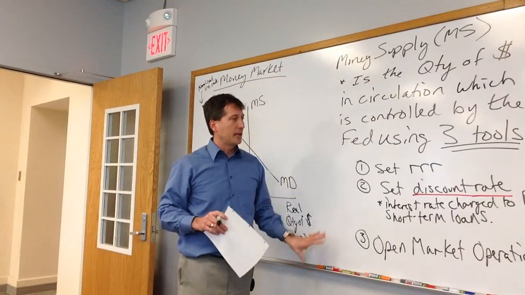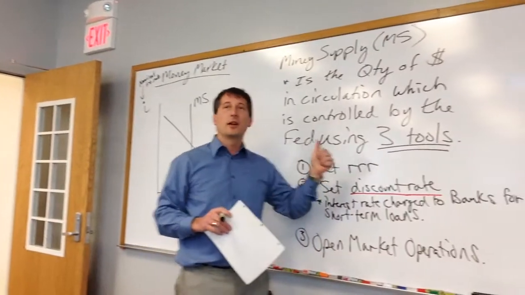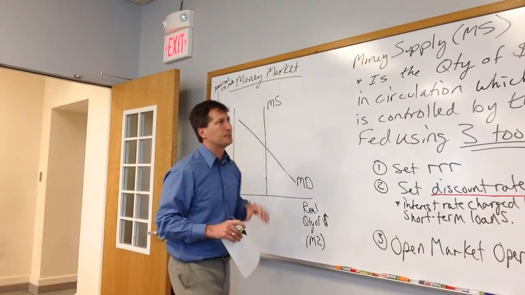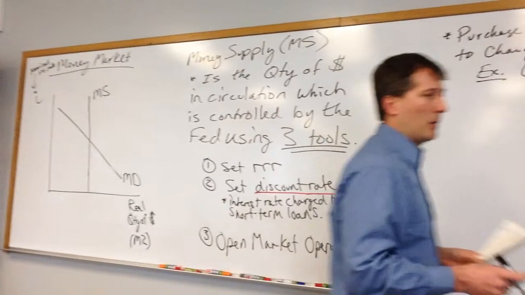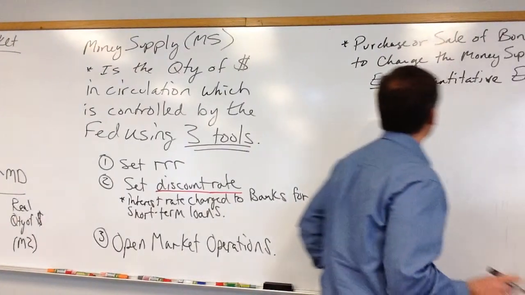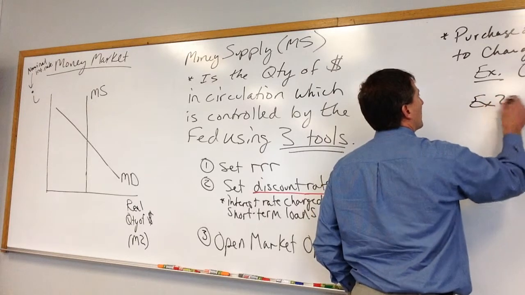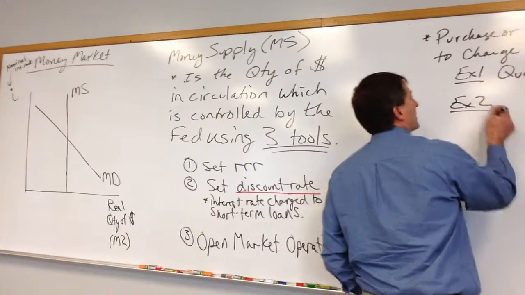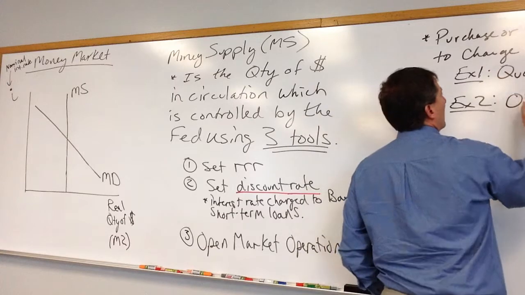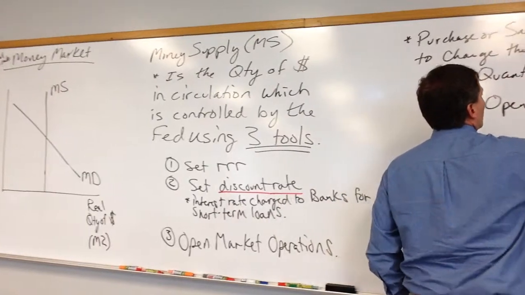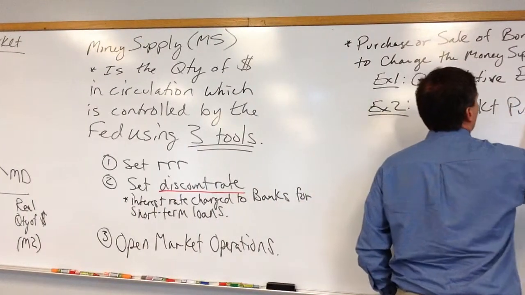So those are the 3 tools that they have that ultimately influence the money supply. So let's think about what an open market purchase does. Example number 2, this is number 1. Example number 2, an open market purchase.